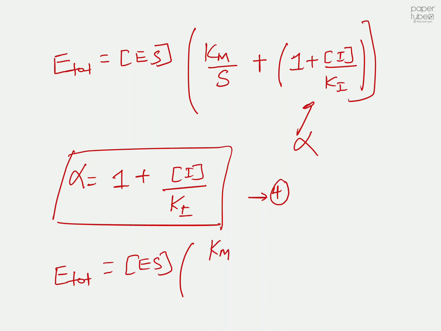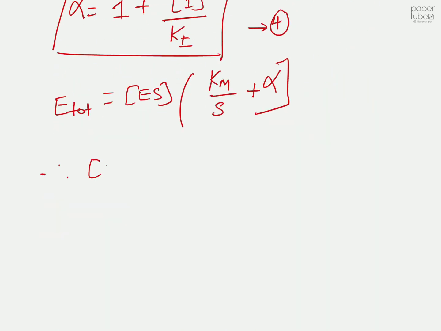So E total is nothing but the enzyme substrate complex times Km divided by S plus alpha. Therefore the enzyme substrate complex concentration will be equal to E total divided by Km by S plus alpha.